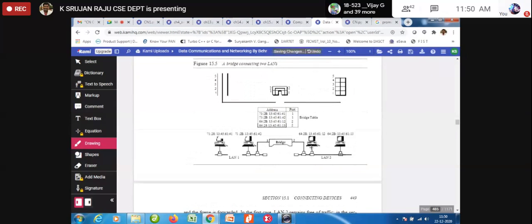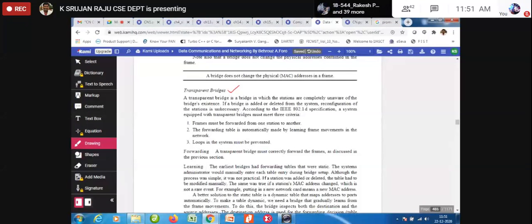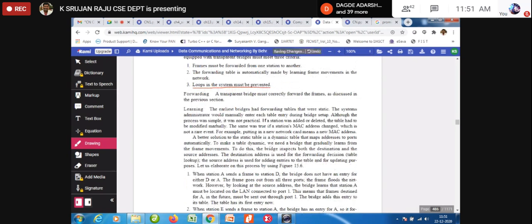When we talk about transparent bridges, frames must be forwarded from one station to another. The forwarding table is automatically made by learning frame movements in the network. Loops in the system must be prevented; these loops should not occur. Now how is it going to happen? Let us look at the example in 15.6.